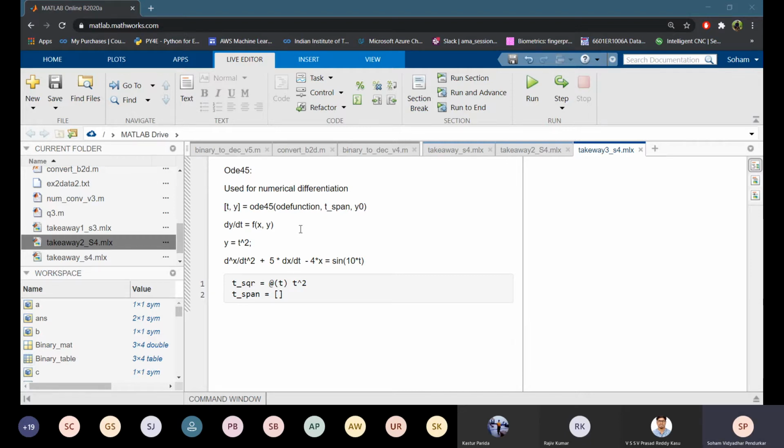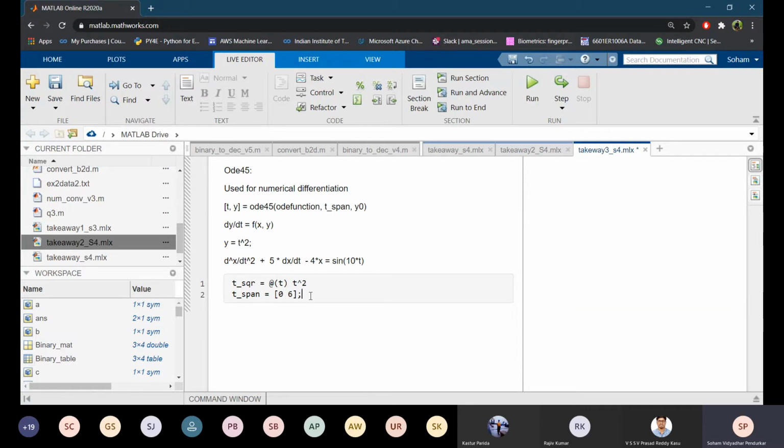So it needs to be given this information: from where till where it needs to be integrated. So we give a tspan in the form of a vector, let's say 0 to 6.